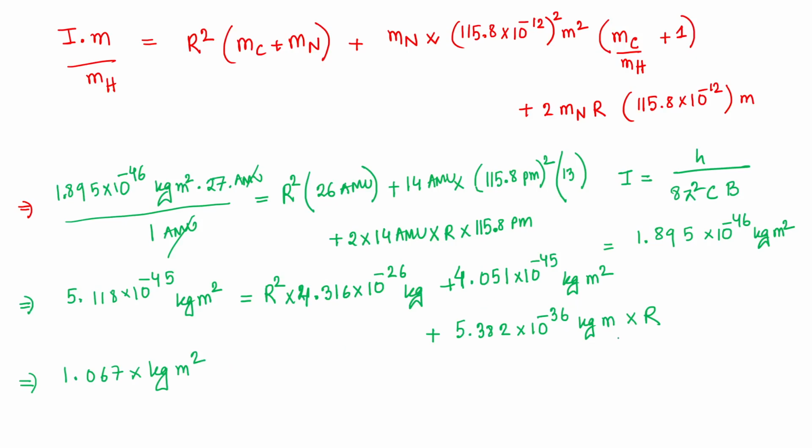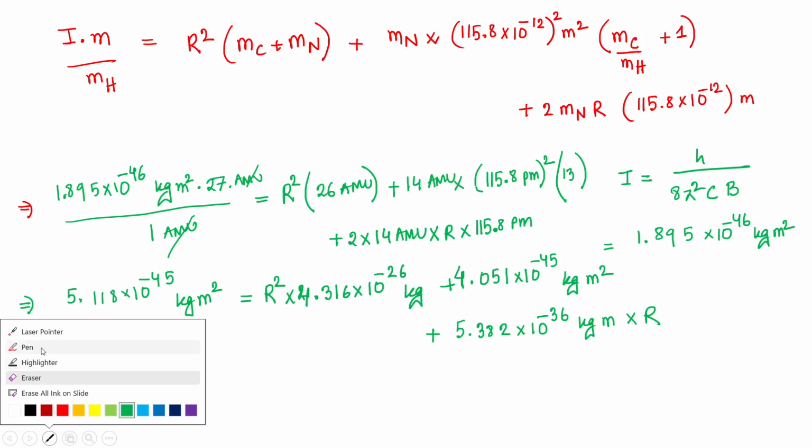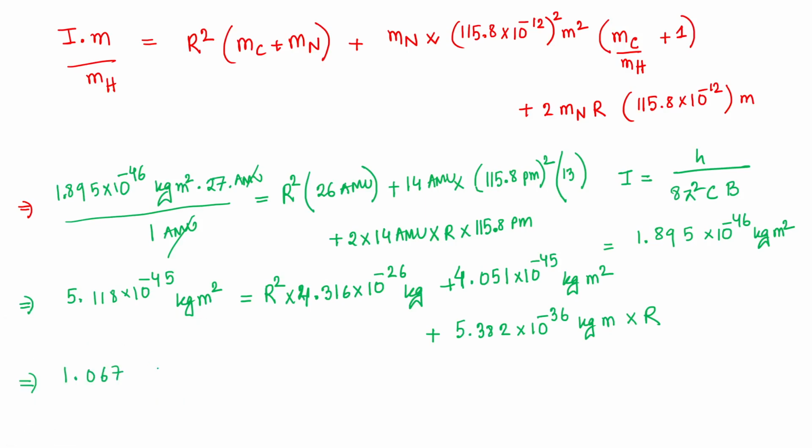And since kg is there everywhere, let us not write it. 1.067 into 10 to the power minus 45 meter square is equal to 4.316 into 10 to the power minus 26 r square plus 5.382 into 10 to the power minus 36 meter into r.